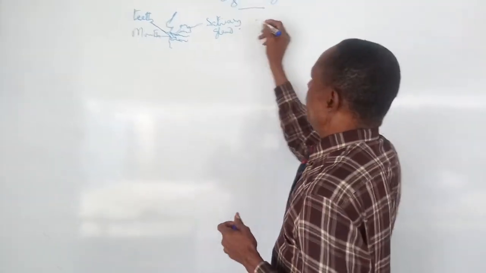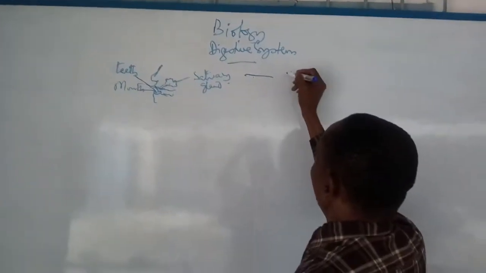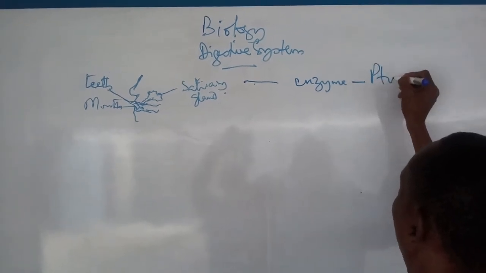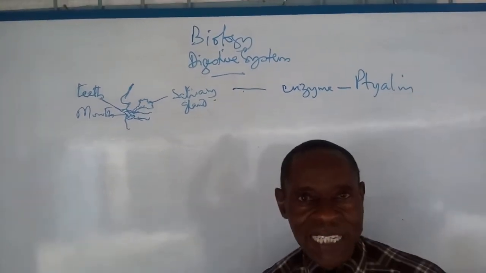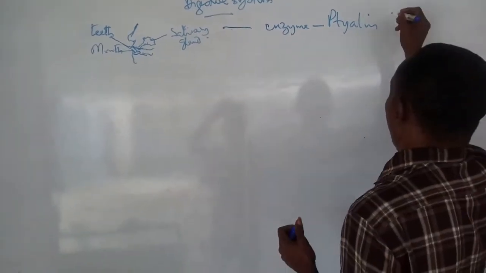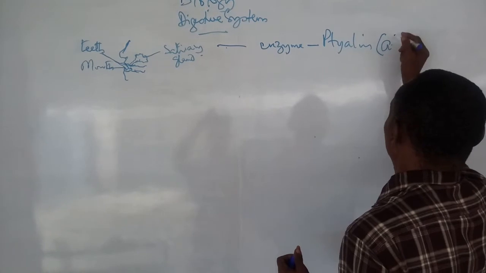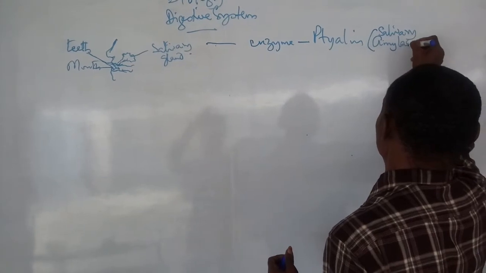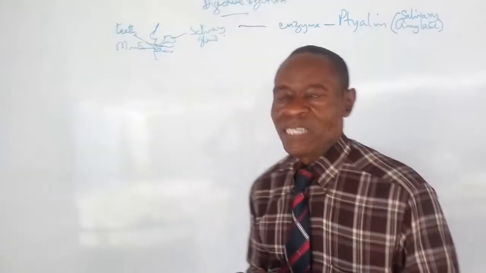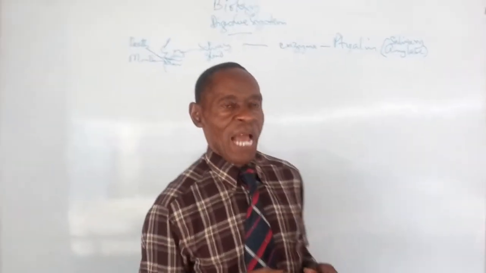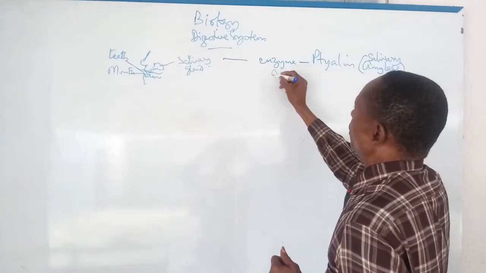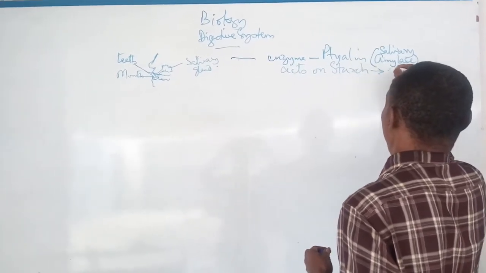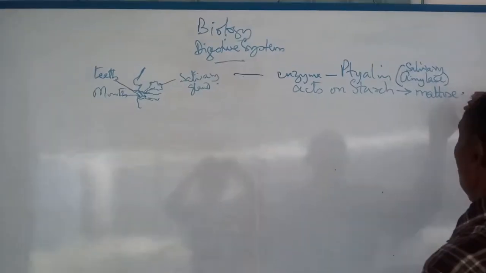The saliva contains an enzyme which is known as ptyalin. Say ptyalin. Another name for ptyalin is salivary amylase. Salivary amylase acts on starch like carbohydrates, changing it into maltose.